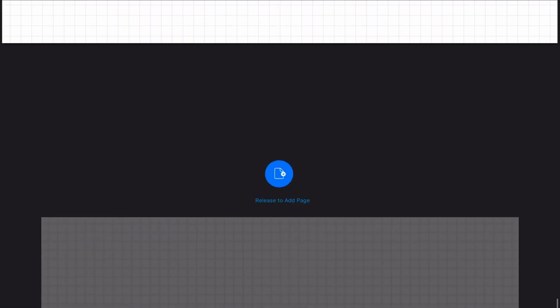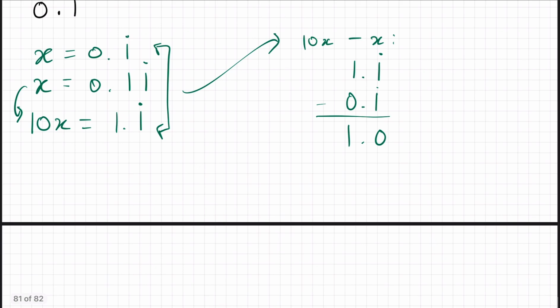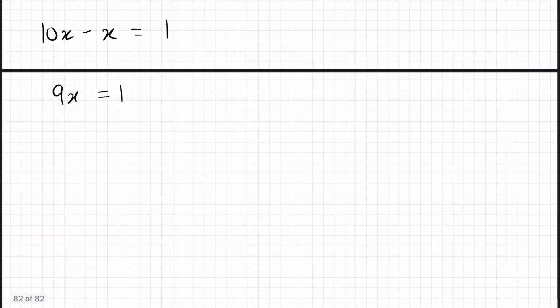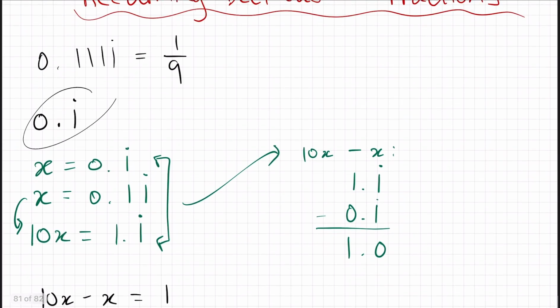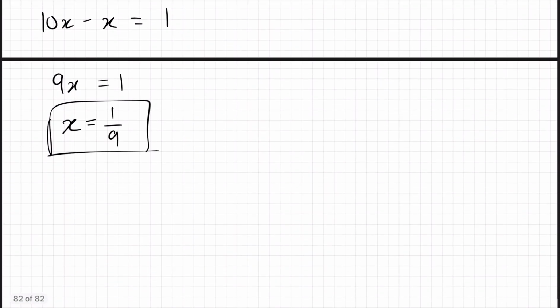So this leaves us with the expression 10x minus x is equal to 1, or 9x equals 1. So x must be 1 over 9. And there we go. That's how we've proved that 0.1 recurrent is in fact 1 over 9.